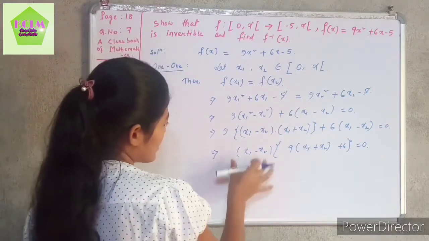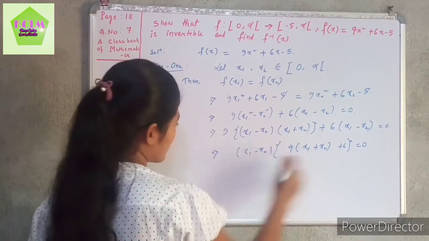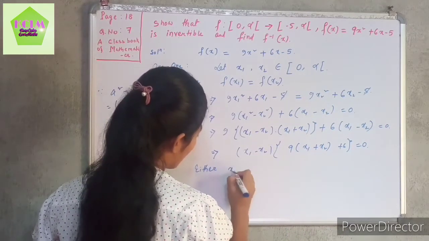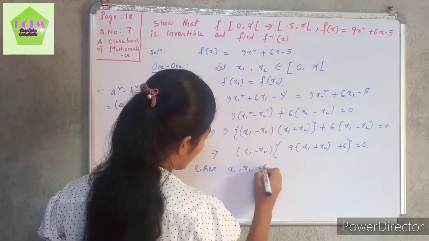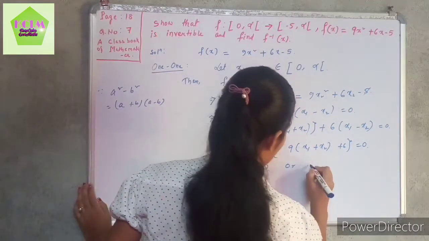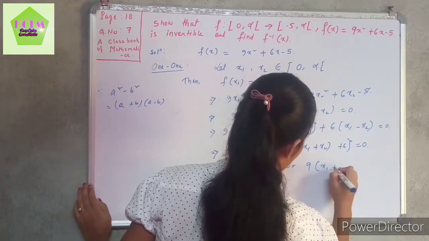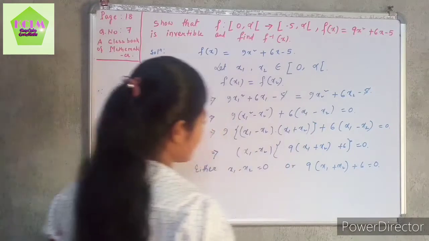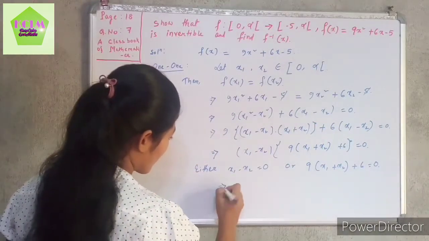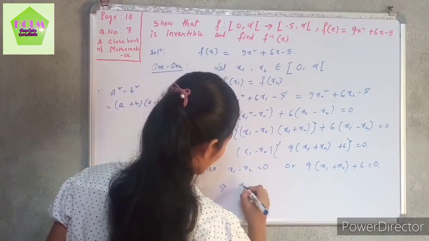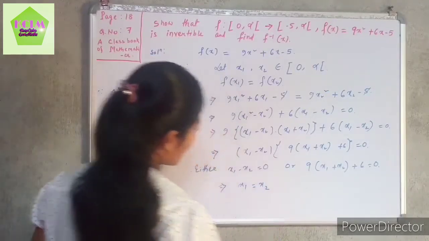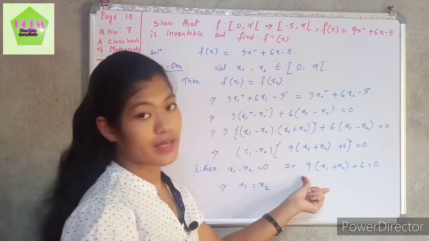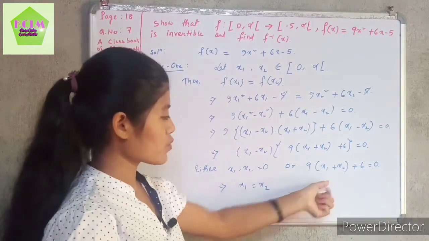Now either this part will be 0, or 9 into x1 plus x2 plus 6 equals 0. Finally, x1 equal x2. Here we get x1 equal x2, but there is another part, 9 into x1 plus x2 plus 6 equals 0.